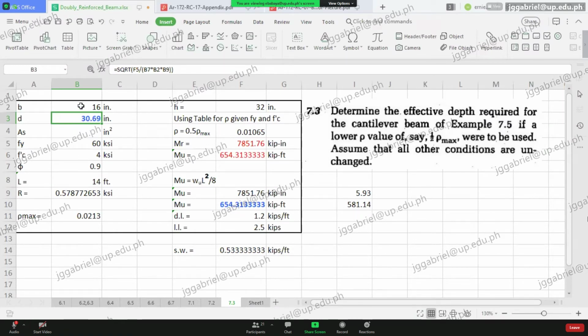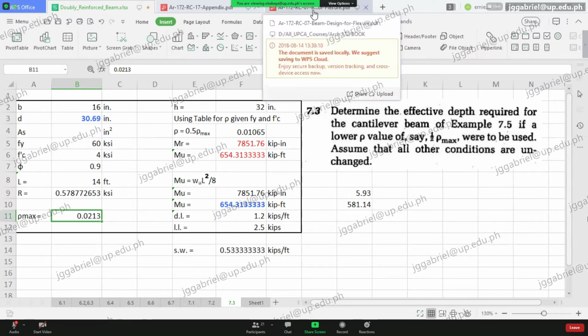Okay, so B is 16 inches. Our rho is 0.5 times rho max. So rho max is 0.0213.